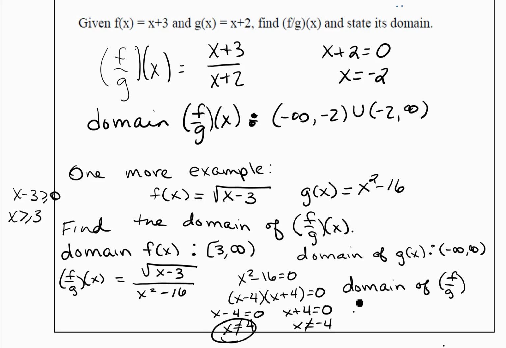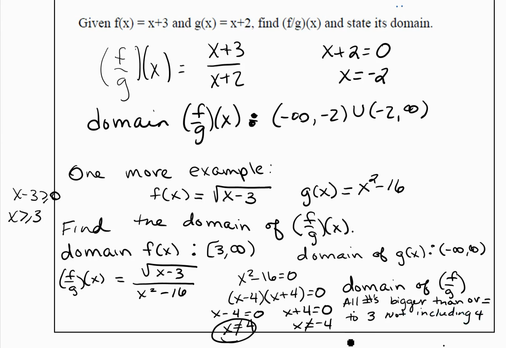It's all numbers bigger than or equal to 3, not including 4. So we need to leave out 4.